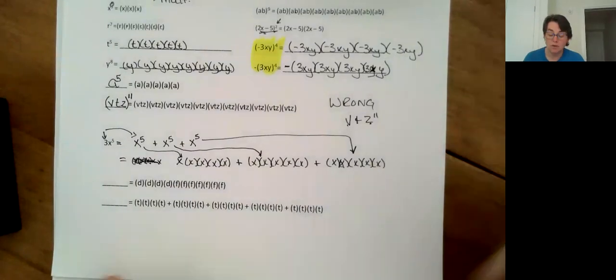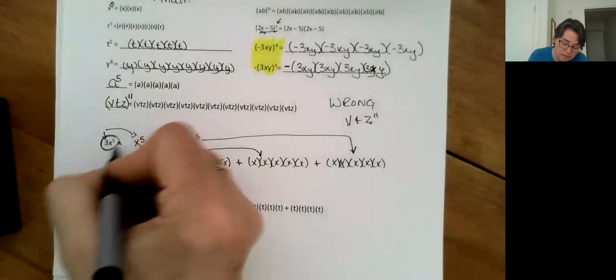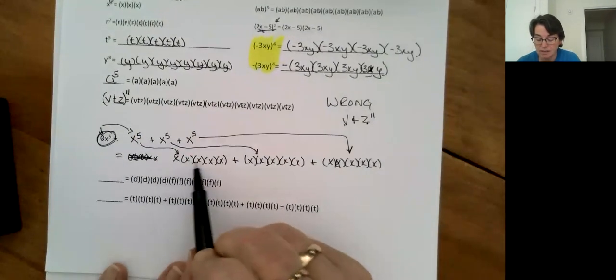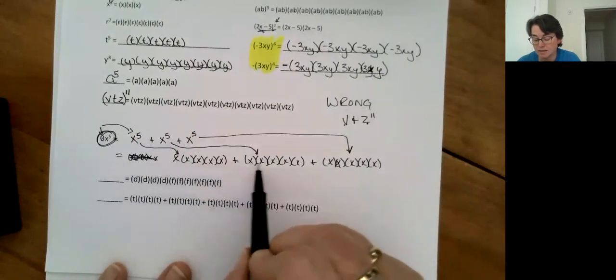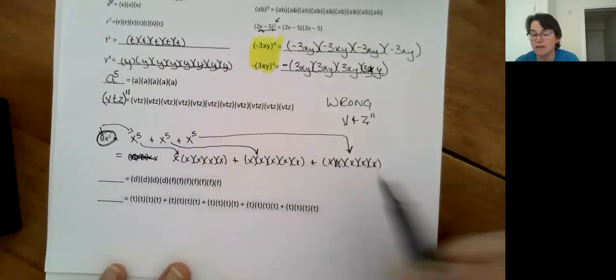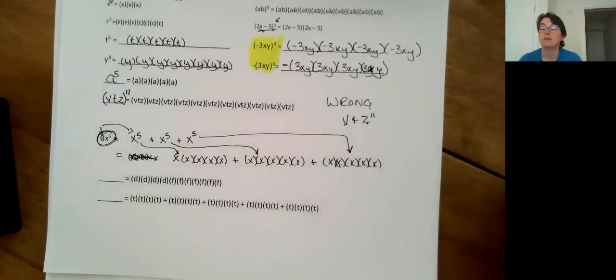Can you see now why this is so much better than writing x times x times x times x times x plus x times x times x times x times x plus x times x times x times x times x? Whoever figured this out is brilliant or lazy in a good way.